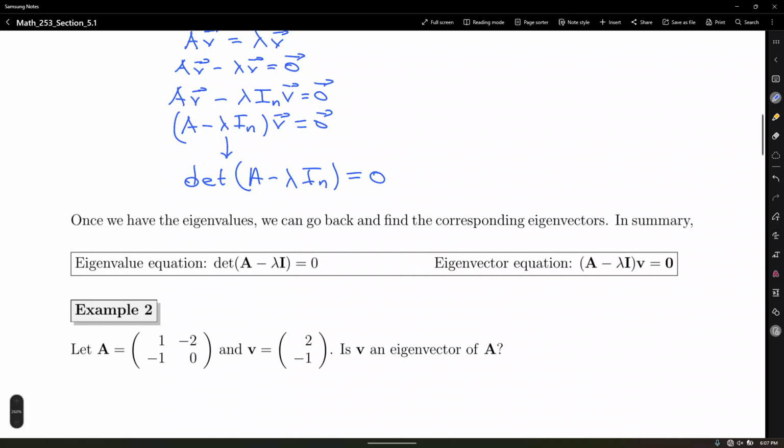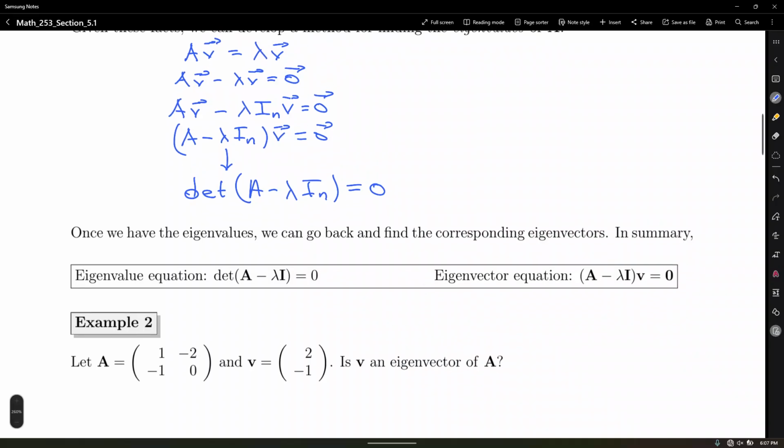Once we get the eigenvalues, go solve the eigenvector equation, which is this one right here, and find the vector v related to whatever lambda. Again, as mentioned, these eigenvectors that I highlighted in yellow are related to their eigenvalues, right? They go in pairs.